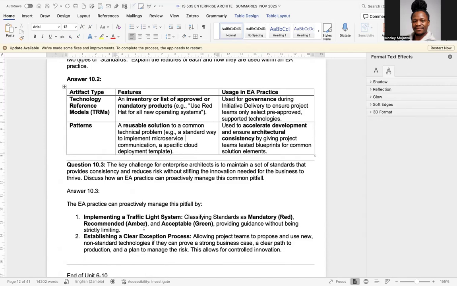All right, and then we looked at the core processes of EA. A modern EA practice is built on three continuous core processes that form a feedback cycle. Number one, strategic planning, which is strategy to portfolio, translating business strategy into an approved list of IT investments or initiatives. The key output was updated visions and outlines. Then we had initiative delivery, the need to solution, purely executing the approved IT initiatives, converting proposals into working systems.